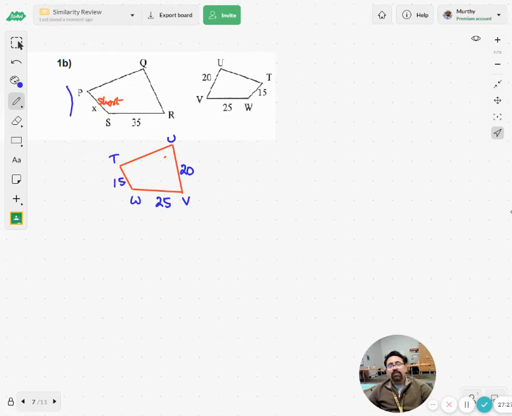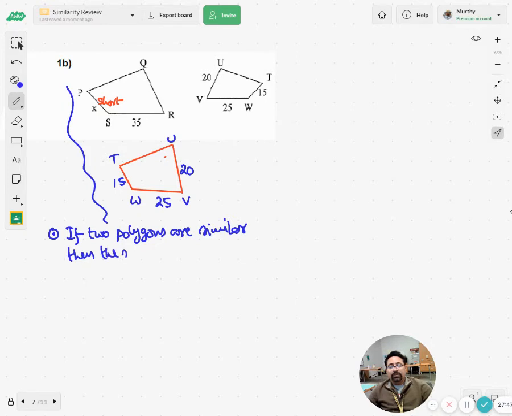You know, if two polygons are similar, then the sides are proportional.